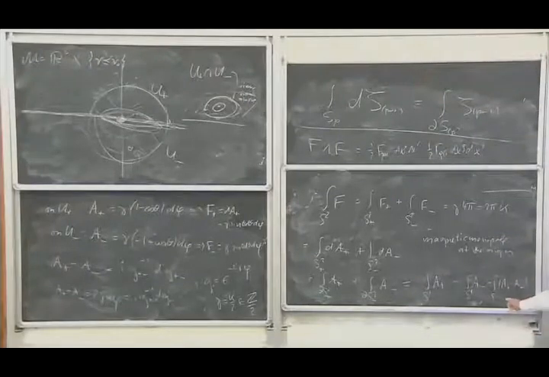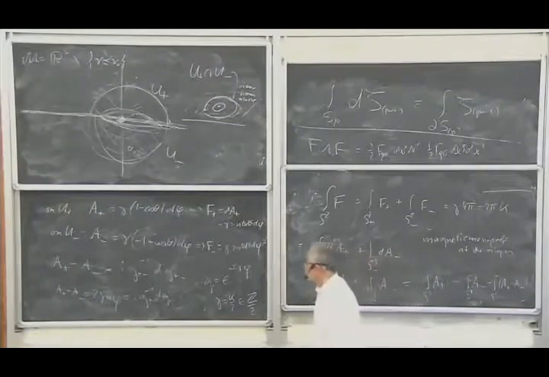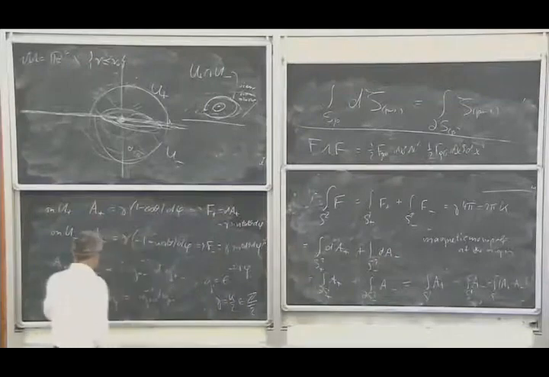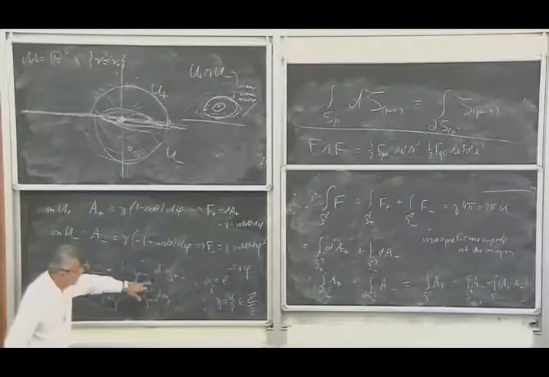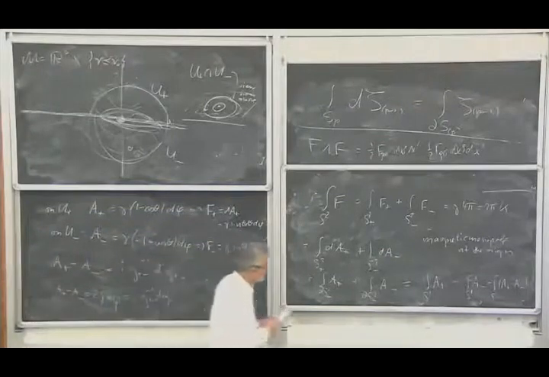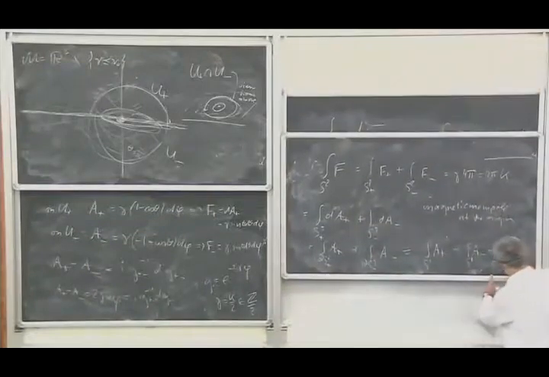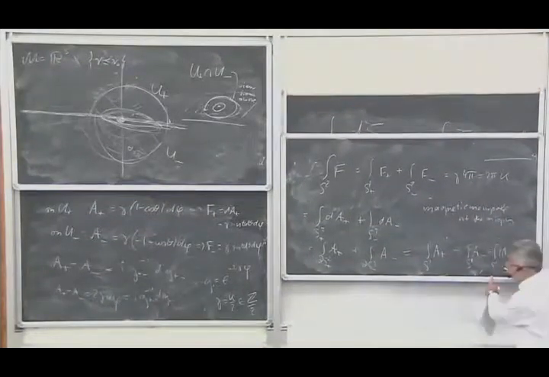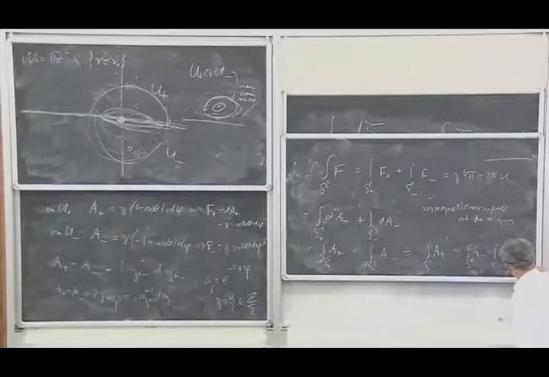So the circle is the overlap of these two spheres, but A plus minus A minus is exactly given in terms of this transformation. So this thing is given as one over i, g plus minus d g plus minus to the minus 1.